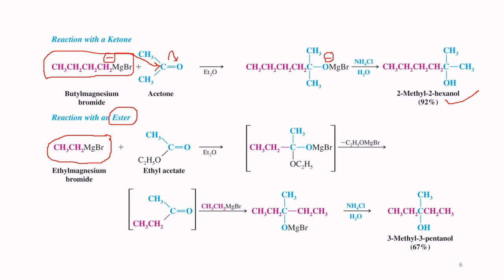If you look at the reaction here, ethyl magnesium bromide is reacted with ethyl acetate. At the first step, it will give you a ketone, and then after the ketone is formed, it reacts with another molar equivalent of the Grignard reagent to give you an alkoxide compound, and then the oxygen will abstract the proton from ammonium chloride, and it will give you a tertiary alcohol as well.